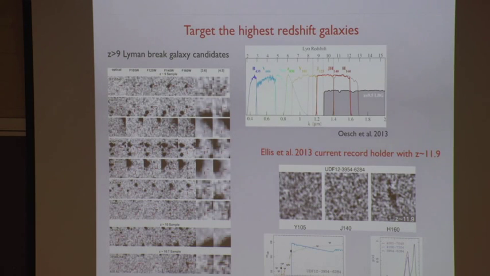The record holder today is a galaxy at a redshift of 11.9, detected by a group around Richard Ellis, and that is at an age of about 400 million years after the Big Bang.